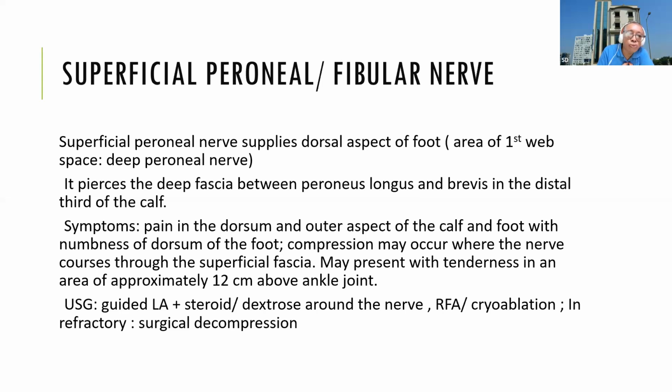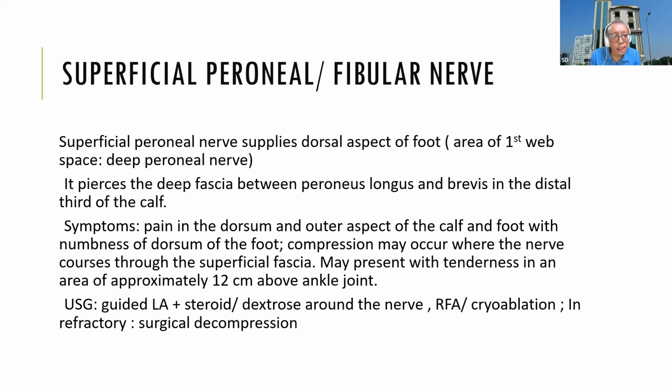And in the last class, we have already seen how to examine the superficial peroneal nerve, and ultrasound guided injection of steroid or dextrose around the superficial peroneal nerve gives a very good, excellent result in those patients suffering from superficial peroneal neuropathy. Okay, so we can also go for cryoablation or radiofrequency ablation in these patients, because the superficial peroneal nerve is basically a sensory nerve.